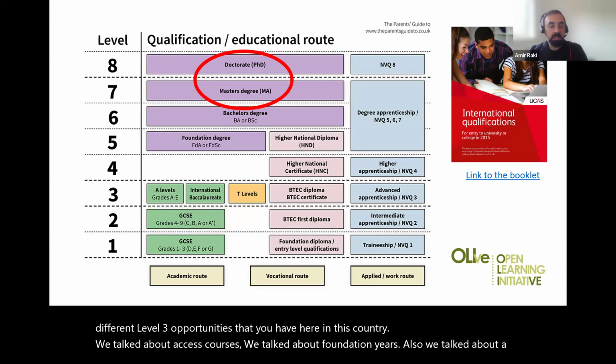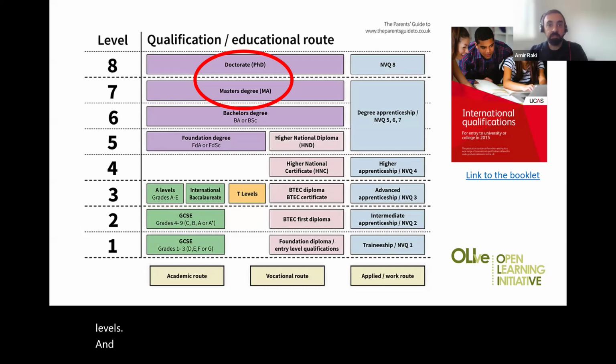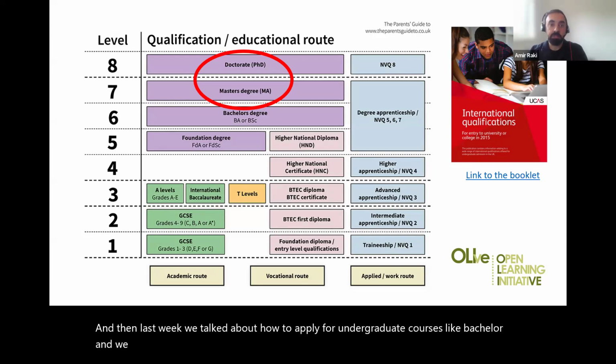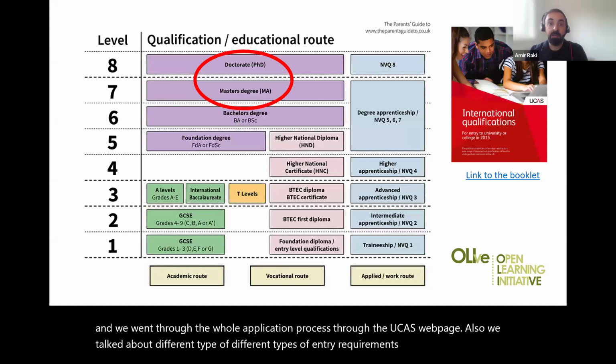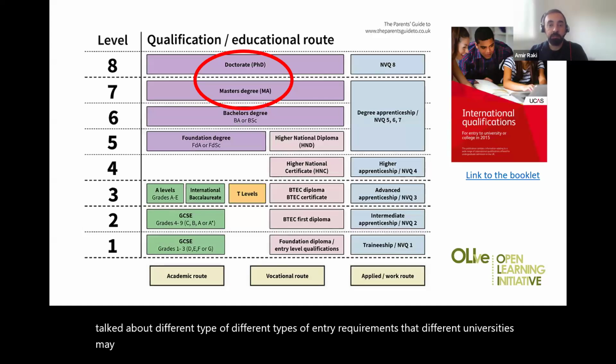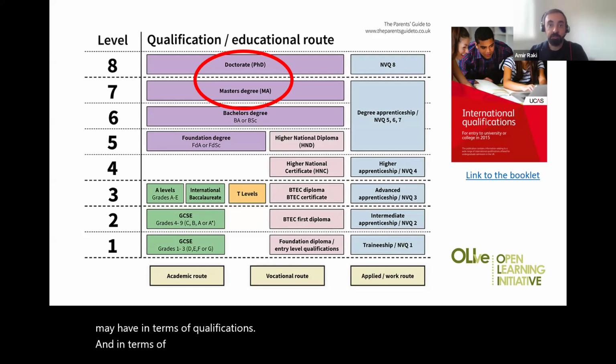And then last week, we talked about how to apply for undergraduate courses like a bachelor's. And we went through the whole application process through the UCAS webpage. Also, we talked about different types of entry requirements that different universities may have in terms of qualifications and in terms of the language proficiency requirements.